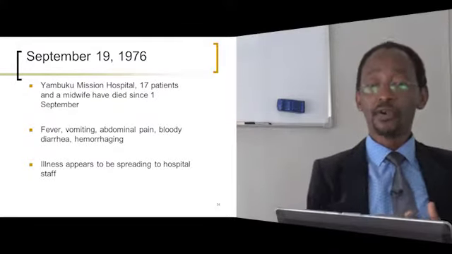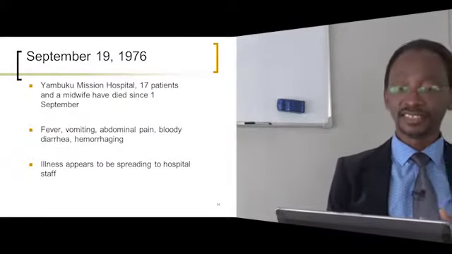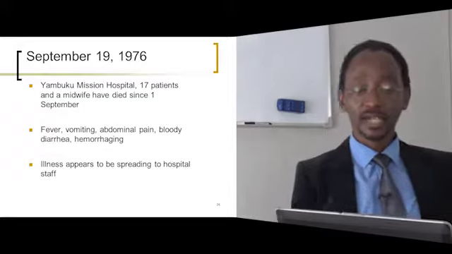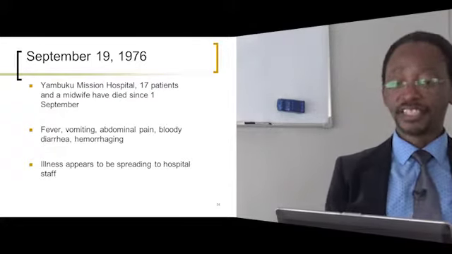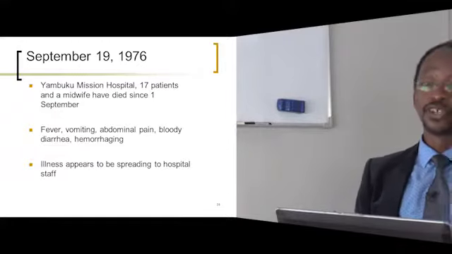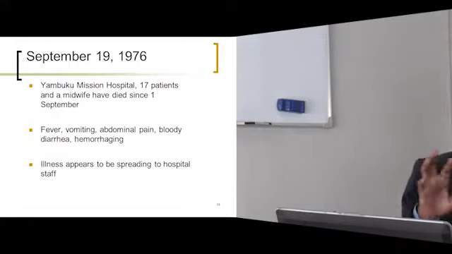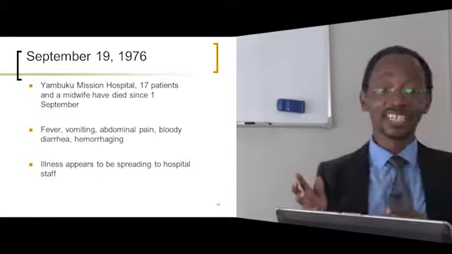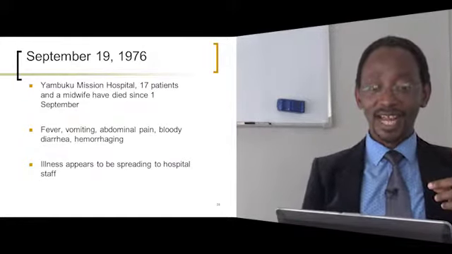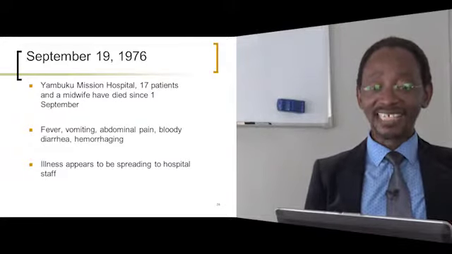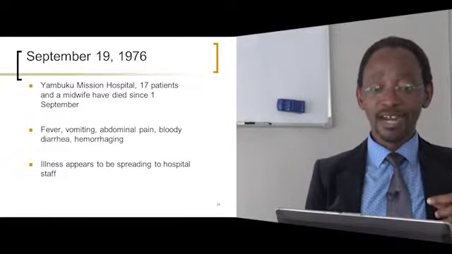Now, one illustration, strange disease. Strange diseases are a little bit more problematic. This was in DRC in 1976 when the first cases of Ebola first emerged. This is what happened in Yambuku Mission Hospital. So it's not by surprise that the first place here was Yambuku Mission Hospital. 17 patients and a midwife had died since September 1st.